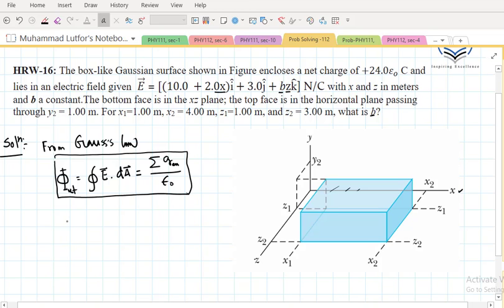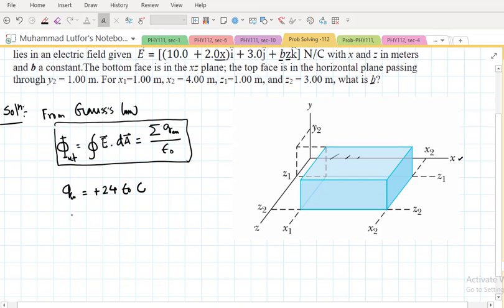Fine. They say that the enclosed charge q is plus 24 epsilon naught coulomb. Then from Gauss's law, phi would be q enclosed divided by epsilon naught, which would be plus 24 epsilon naught divided by epsilon naught.